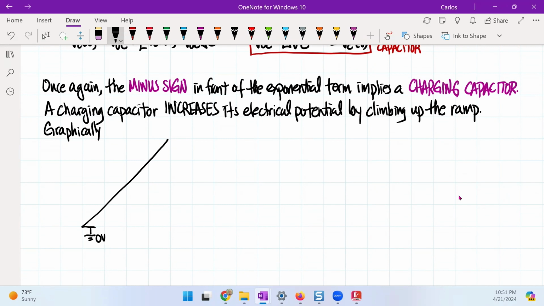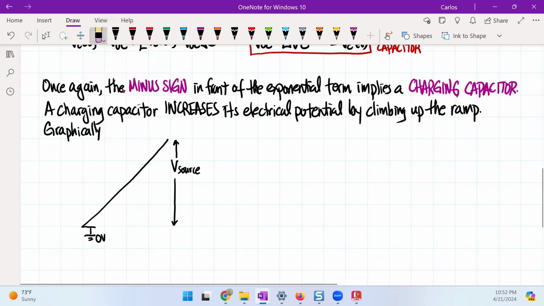So if I'm charging my capacitor, the total height of this is going to be the source voltage. But in a complex circuit, the voltage of the capacitor will never reach the source value.